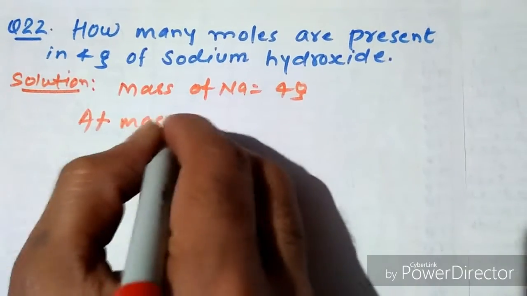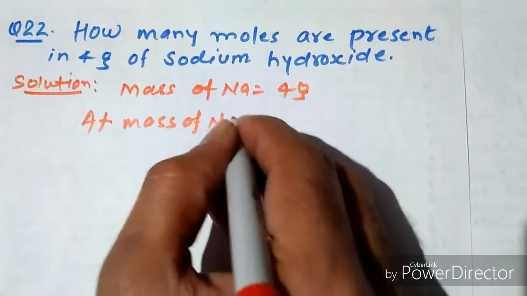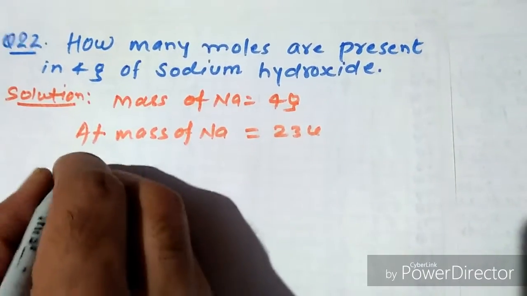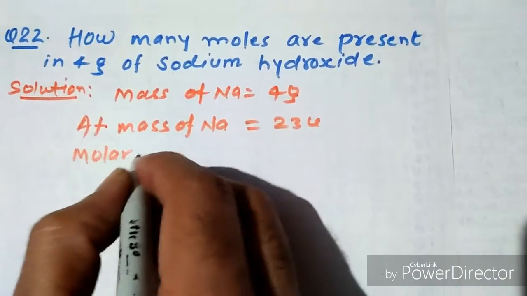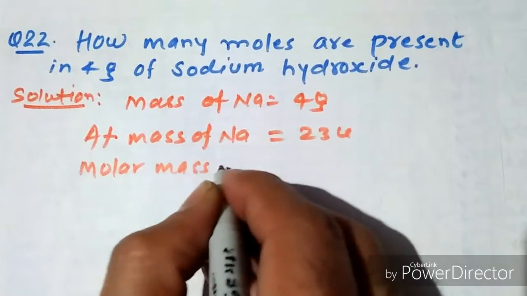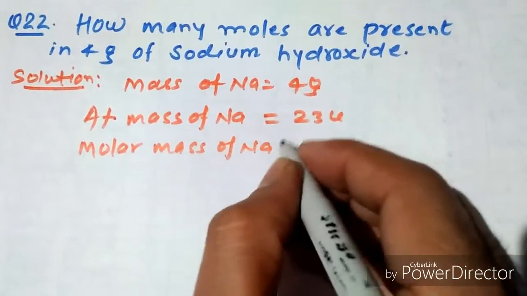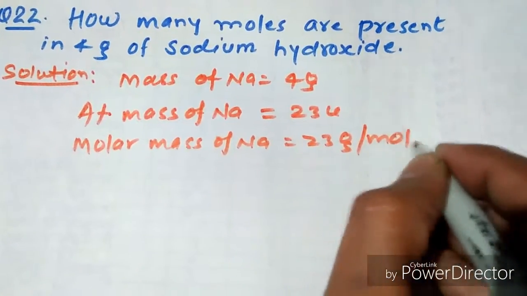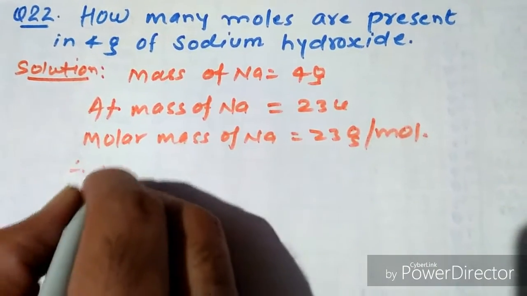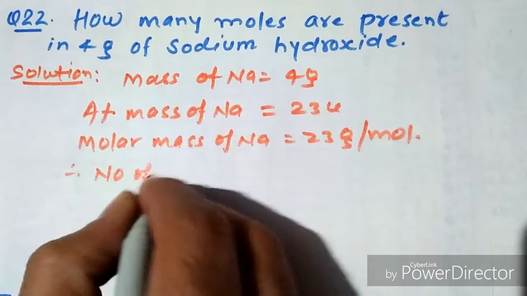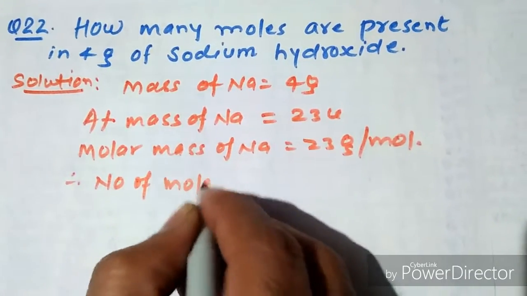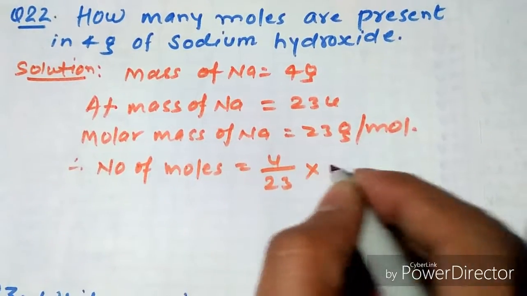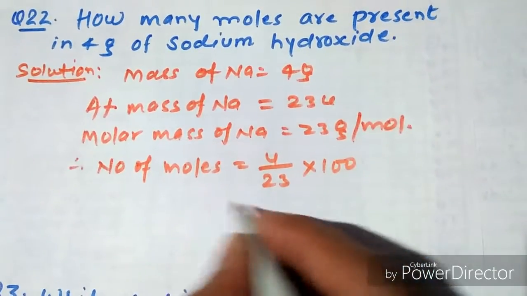Atomic mass of sodium equals 23 units, as you know, and molar mass of sodium 23 gram per mole, and number of moles equals 4 by 23 into 100.